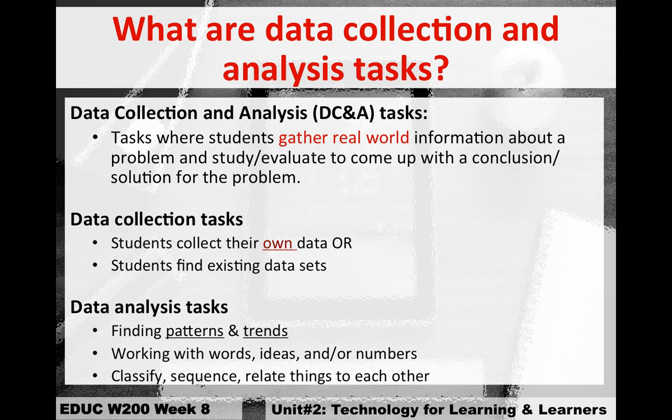What's the common idea that people think about him? What are some common words they associate with the man, especially as he's ending his last year in office? And then also to classify, sequence, and relate things to each other. How do all of these different ideas relate to one another?